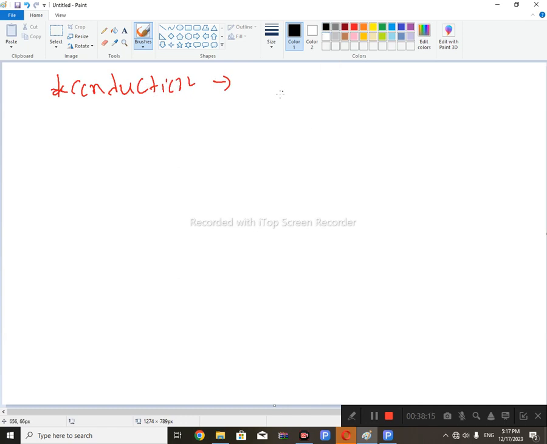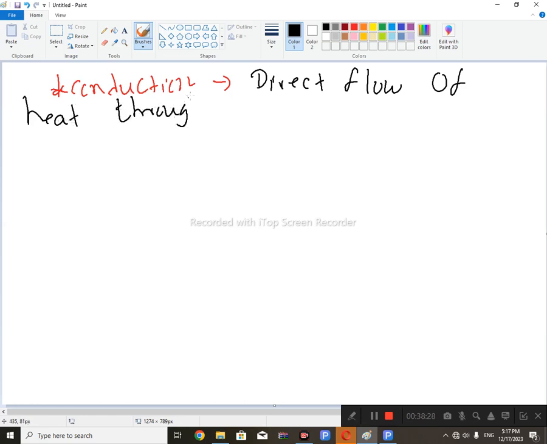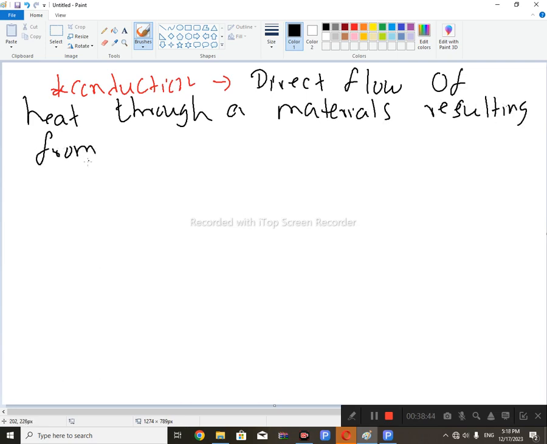Direct flow of heat through a material resulting from physical contact.